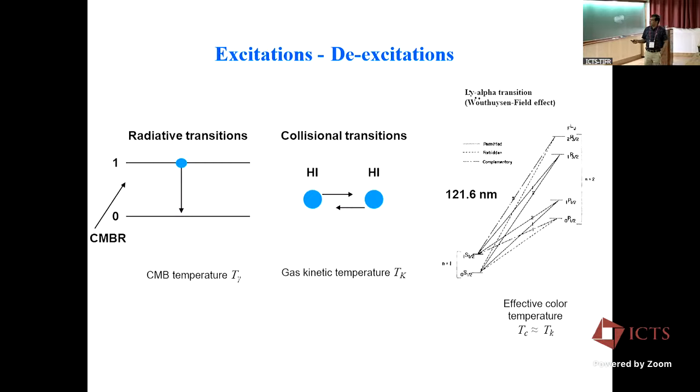While coming back, let's say it starts from the singlet state, goes to the state corresponding to n equal to 2, and then it comes back to the triplet state. So it starts from singlet, but comes back to the triplet state. This is an indirect excitation to the triplet state. And the vice versa can also happen. One atom can start from the triplet state, go to the n equal to 2 state, and come back to the singlet state. That's how this Lyman alpha photon can also contribute to the triplet to singlet state transitions.